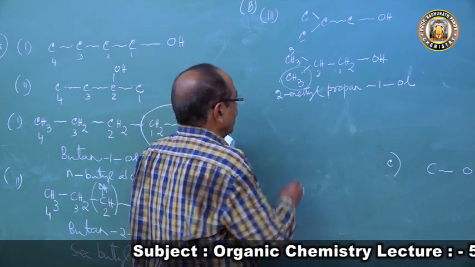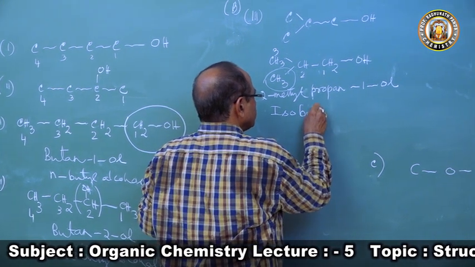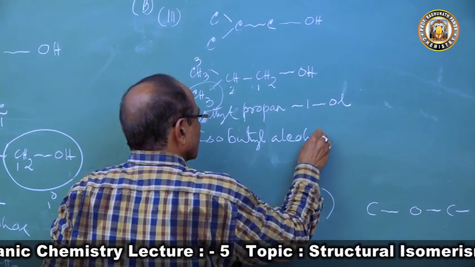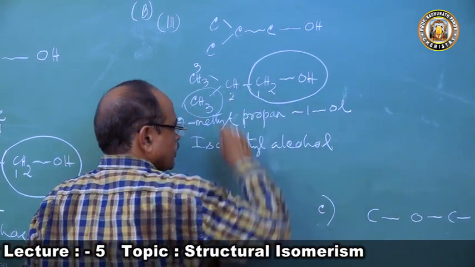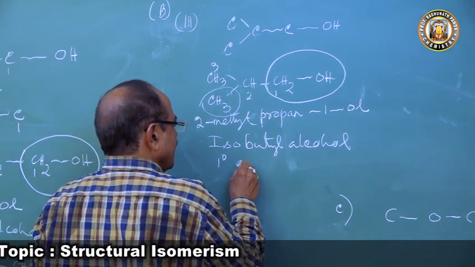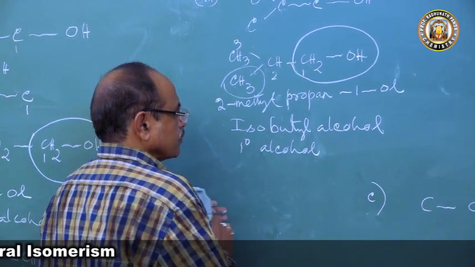So the common name for this compound will be isobutyl alcohol. Then what type is this CH2OH? This is a 1 degree alcohol, also a primary alcohol.